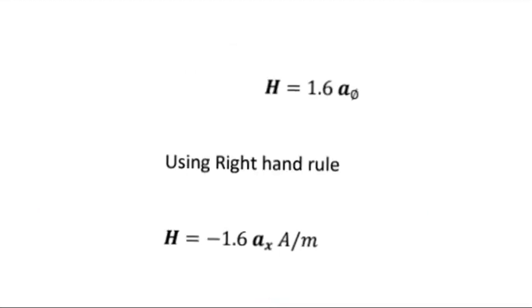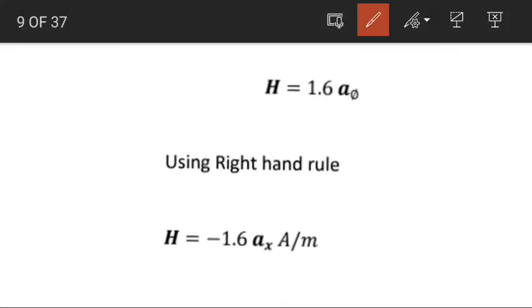If we simplify this equation, the magnetic field intensity will be 1.6 a phi, and this magnetic field intensity is in the cylindrical coordinate system.